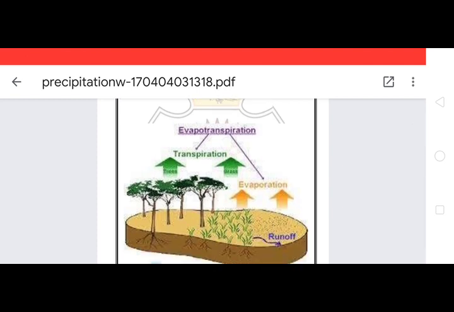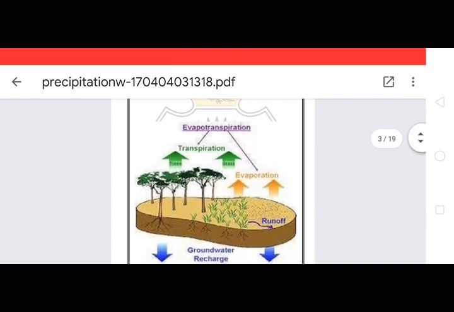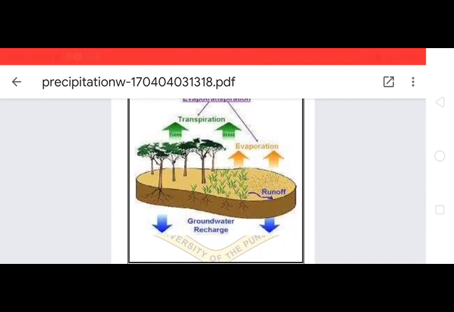Transpiration is a process by which underground water comes into contact with the atmosphere through tree roots and then gets evaporated by tree leaves. So this is also a form of evaporation. Evaporation plus transpiration makes the word evapotranspiration, as you can see from this picture.